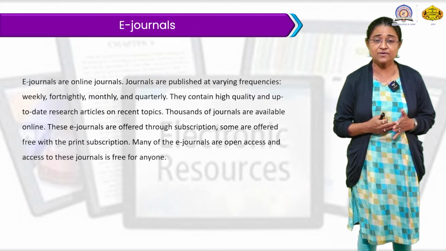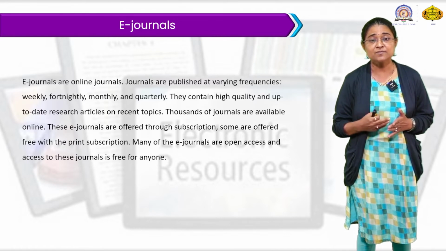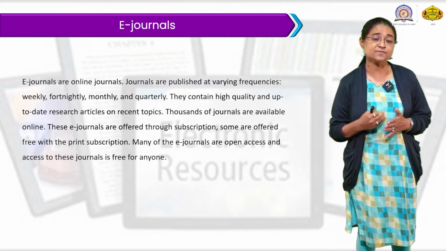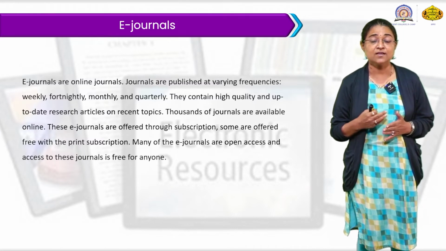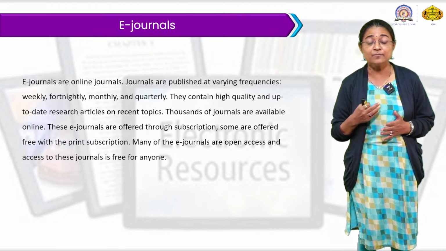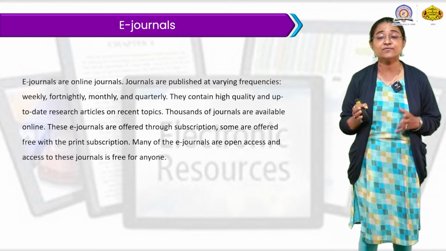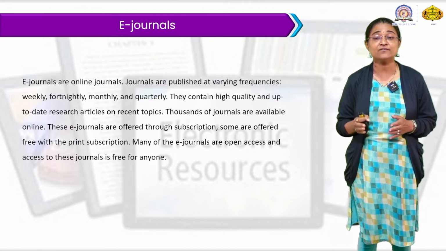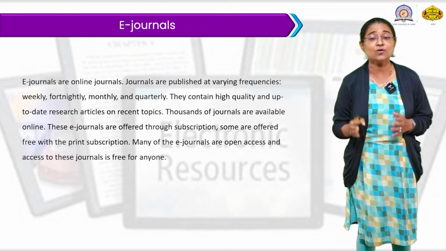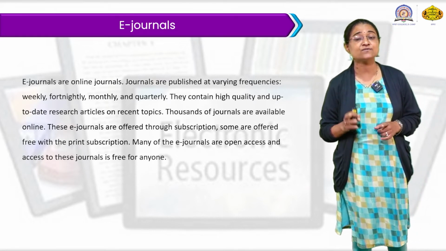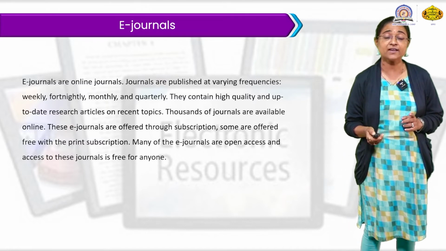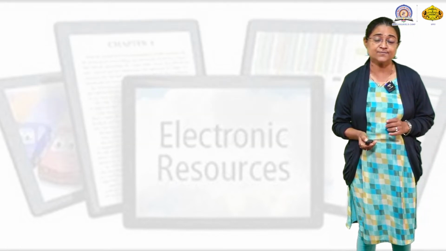Thousands of journals are available. These e-journals are offered through subscription. Some are offered free with print subscription, and many of the e-journals are open access. Nowadays, many of the journals are available free of cost. They are available openly in the form of open access, and access to these journals is free for anyone. Anyone can access these journals.